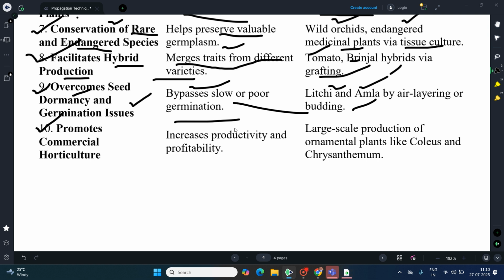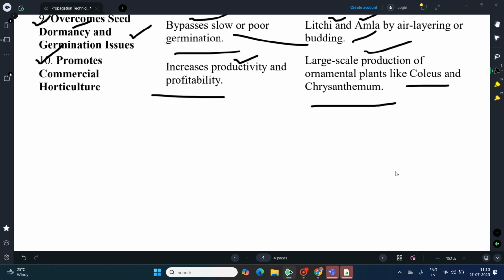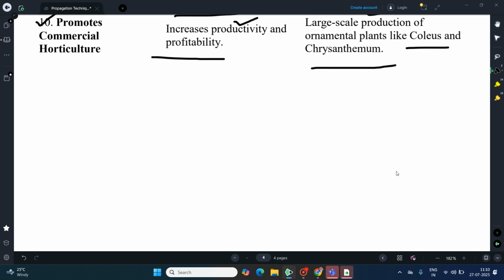It increases the productivity and profitability of all horticulture crops, not only for farmers but also for other persons related to agriculture. Large scale production of ornamental plants like coleus and chrysanthemum are the best examples. With this I'm completing this topic, propagation techniques in horticulture crops.